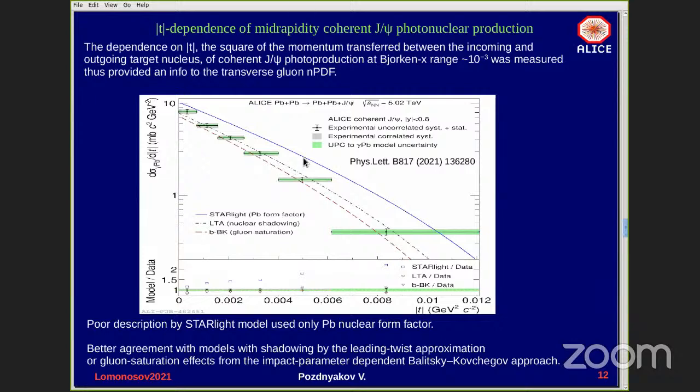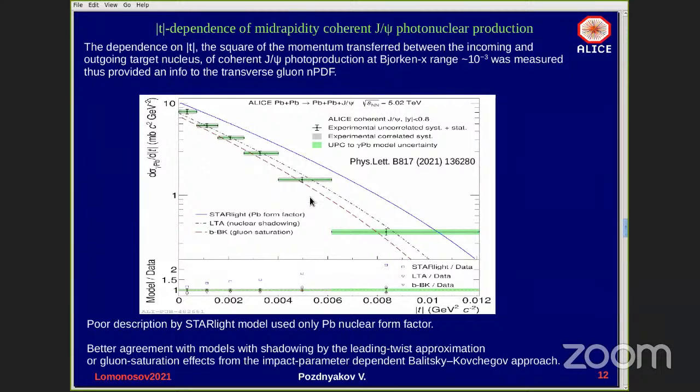Definitely, we found that the STARlight Monte Carlo, which we used for the acceptance calculation, does not describe the t-dependence. I mean the value. Maybe in shape it's not bad, but it's a few times above the data.